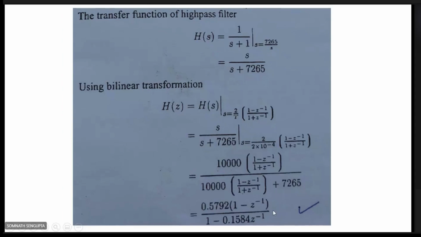This is how bilinear transformation is used to convert an analog filter to a digital filter, and not only analog to digital but also one type of filter to another, like low pass to high pass, low pass to band pass. So always it should be written in the form of a prototype filter. Then you can convert it into any desired kind of filter.